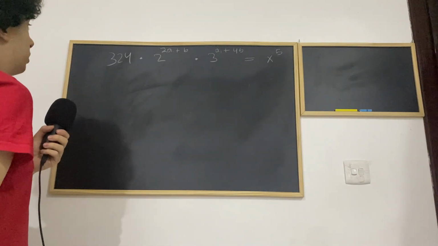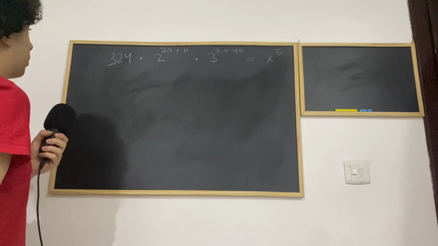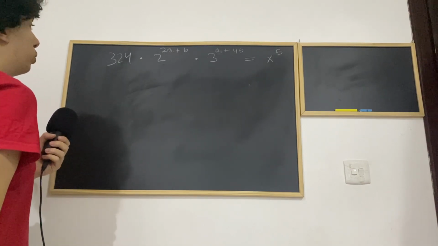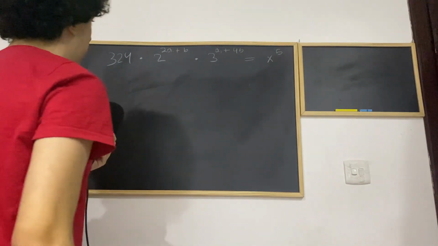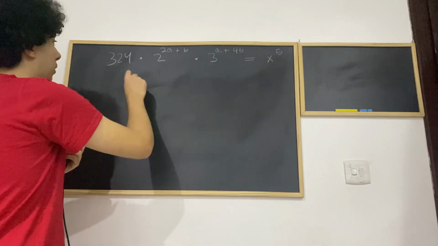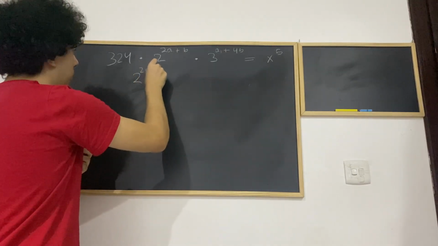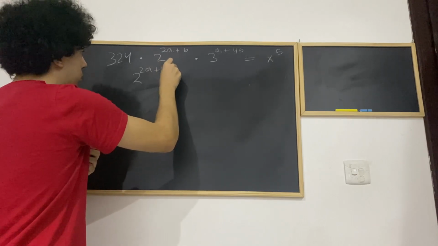The prime factorization of 324 is 2 to the power of 2 multiplied by 3 to the power of 4. So let's simplify everything, meaning 2 to the power of 2a plus b plus 2.